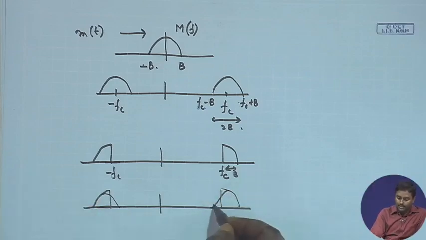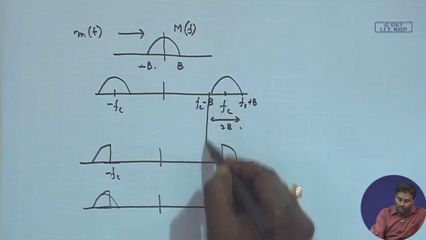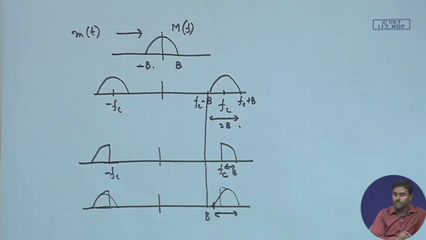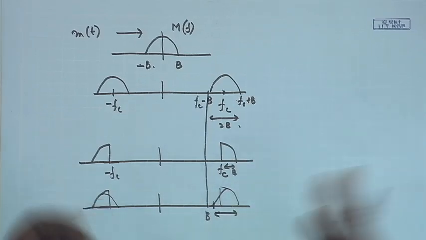I am not including the whole band, not running up to B; it will end somewhere. So my overall bandwidth will be, let us say, 70 to 75 percent of the overall 2B, so I am saving 25 percent of the overall band. Compared to SSB, I am taking some extra band.